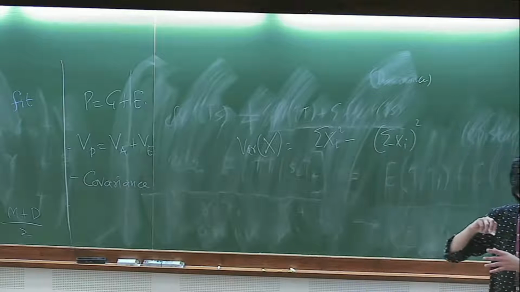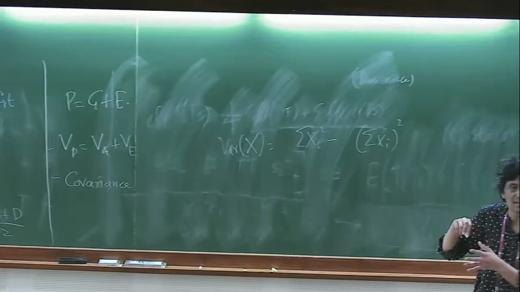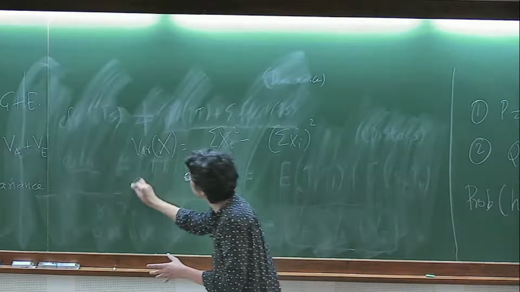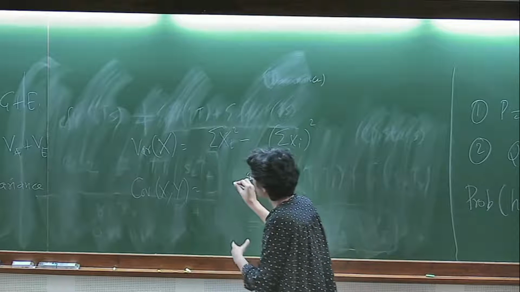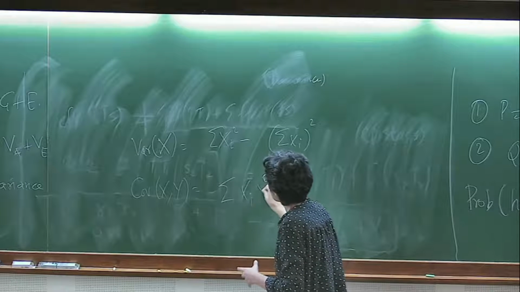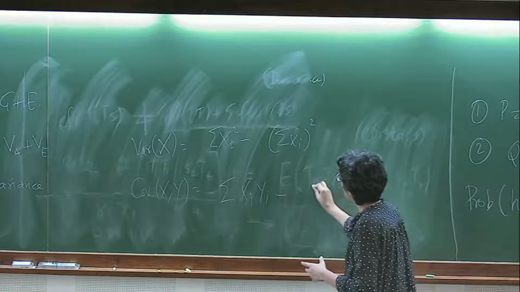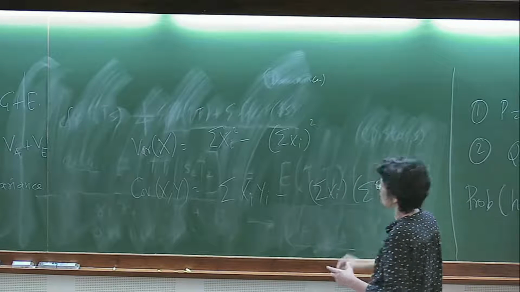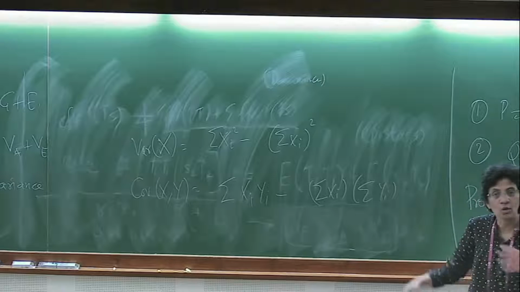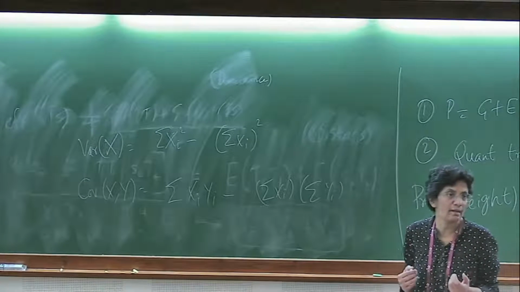That's the variance. Covariance between x and y is something like this, but with xi yi, minus the product of the averages of these two. That's called a covariance. Two random variables covarying.